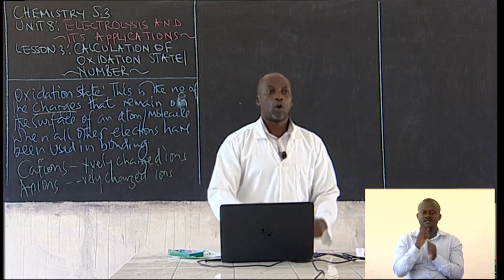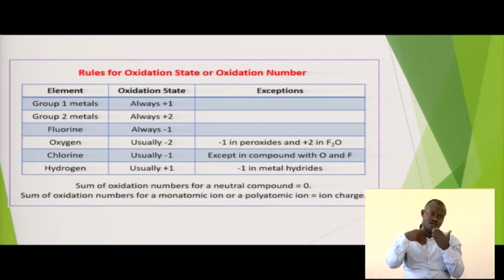Fluorine always carries negative 1. Oxygen carries negative 2. Chlorine carries negative 1. Hydrogen carries positive 1. So halogens will carry negative 1 in general, with the exception of a few compounds.